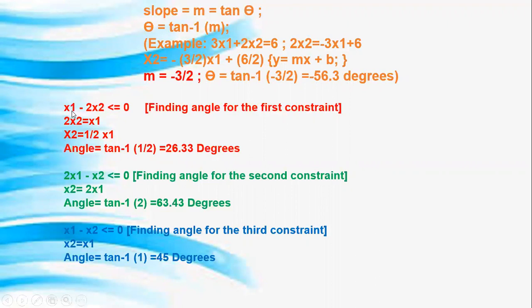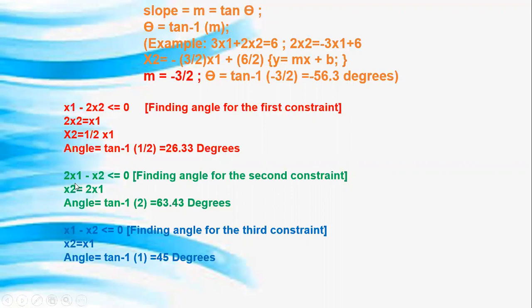The first equation says x1 minus 2x2 is equal to 0, so 2x2 will be equal to x1, and x2 will be equal to 1 by 2 of x1. The angle will be tan inverse of half, which is equal to 26.33 degrees for the first equation.